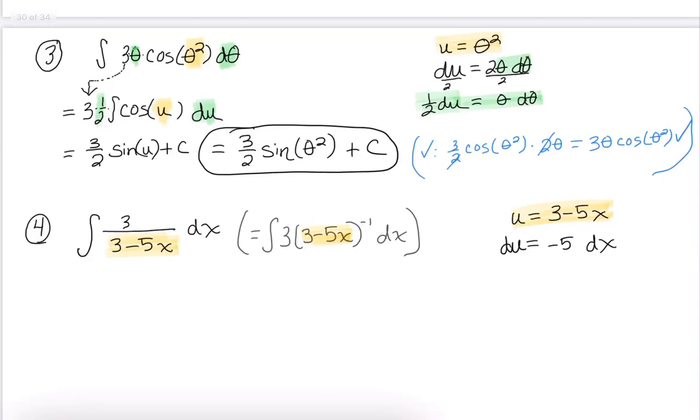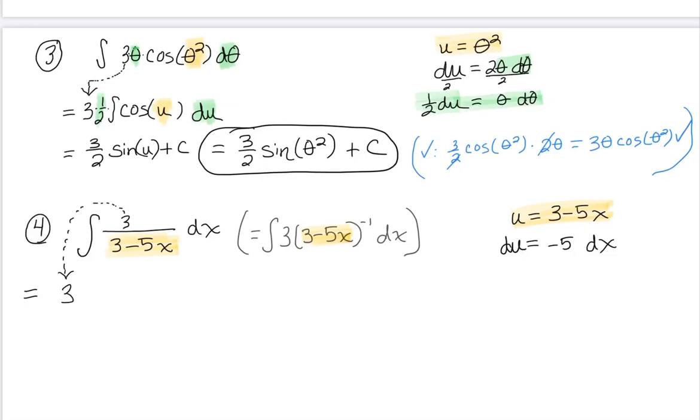Constant multiples, I always want you to think about, are never an issue. So this is going to be equal to, I have a constant multiple of 3 that's going to be carried along here in front. I like to just bring my constant multiples out in front.